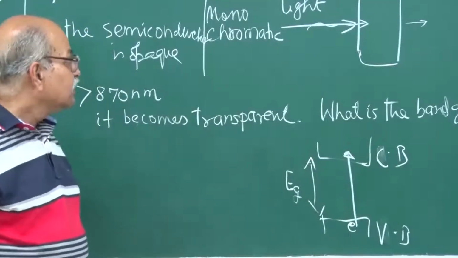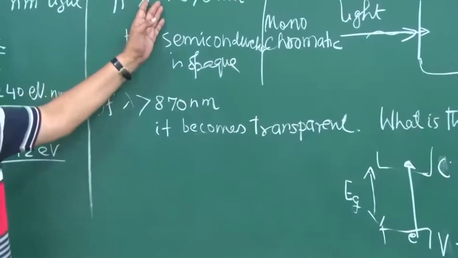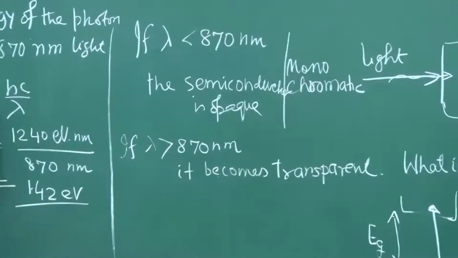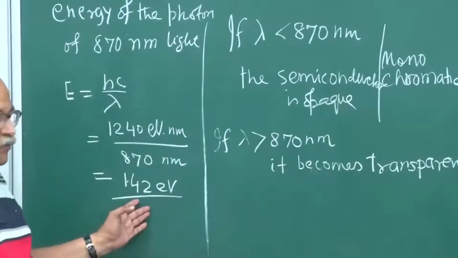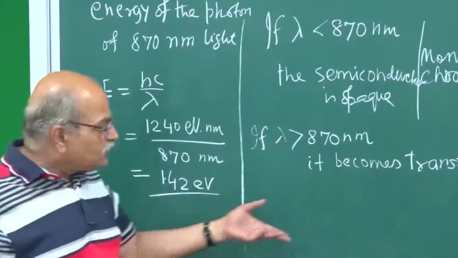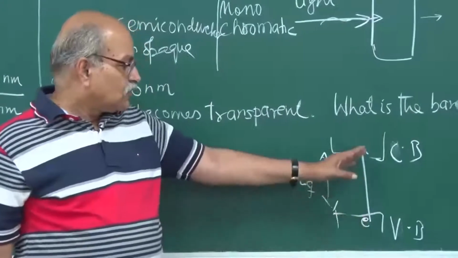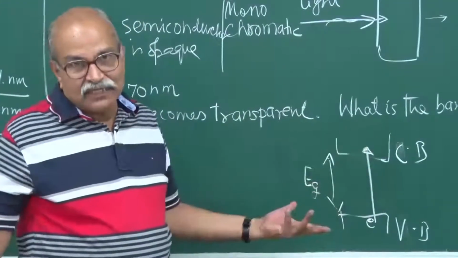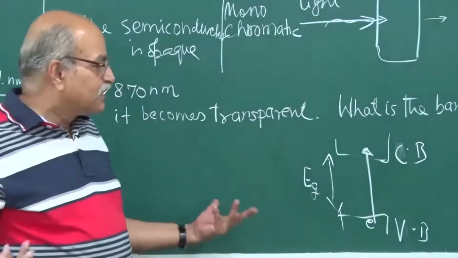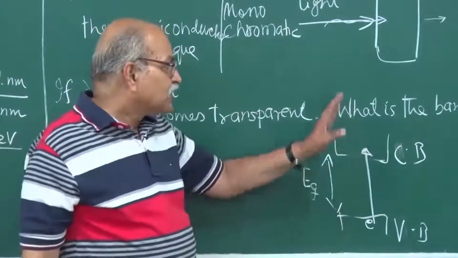And if the wavelength is still smaller, the photon energy is larger than 1.42 eV, then also this photon can get absorbed and this electron can go here, and some energy will be dissipated as thermal energy. So this process is possible.